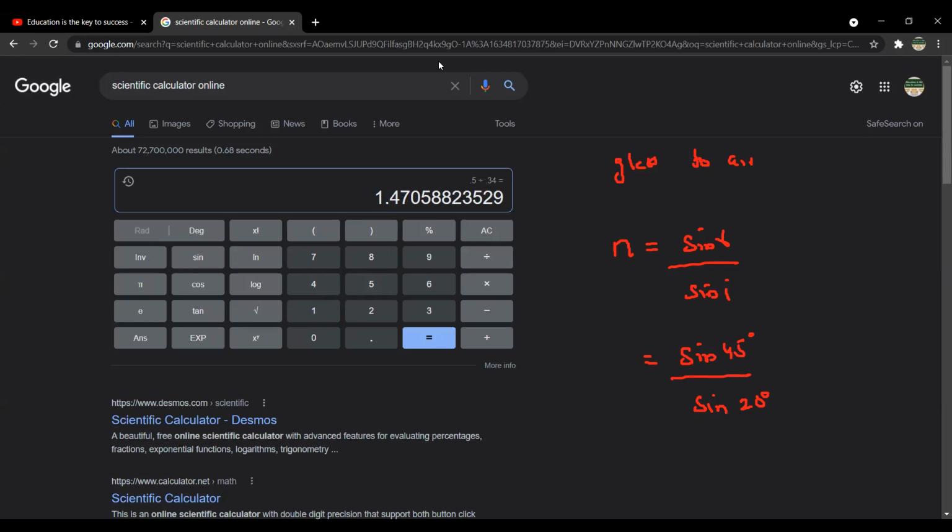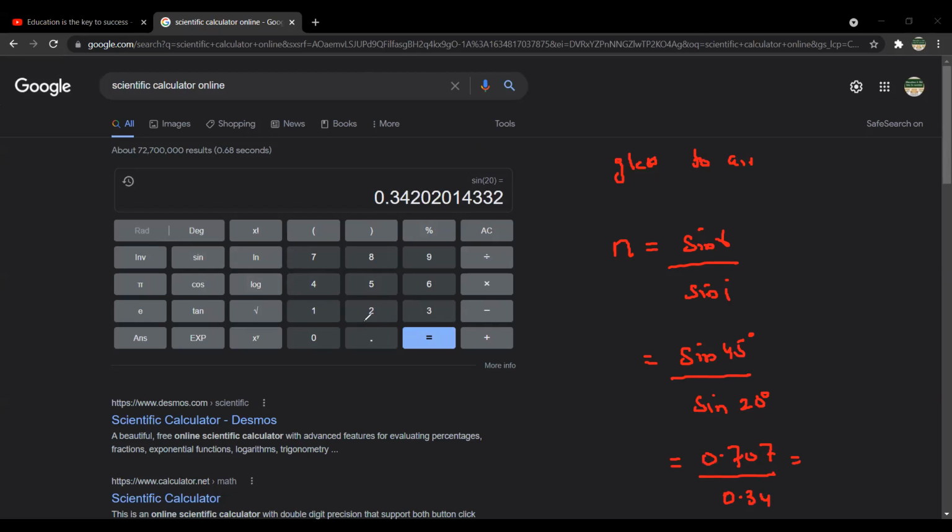Sine 45 degrees equals 0.707, divided by sine 20. Sine 20 degrees is 0.34.